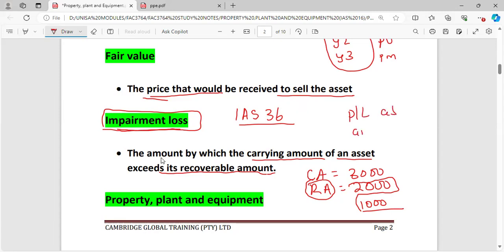Some of the questions will require you to disclose the PPE in the financial statements. So when you have impairment loss, you take it to the profit and loss as an expense.